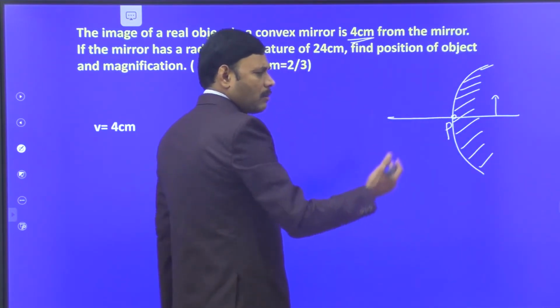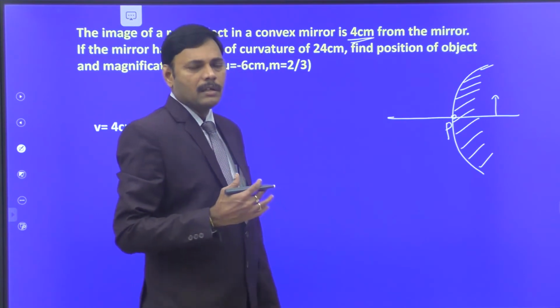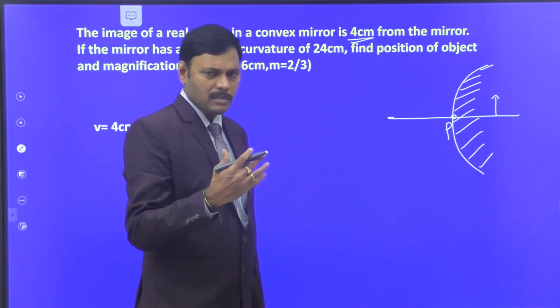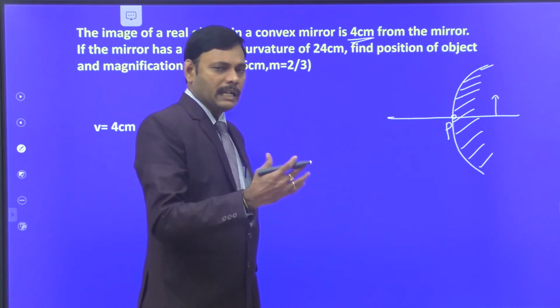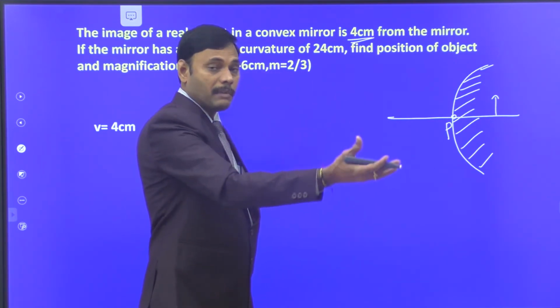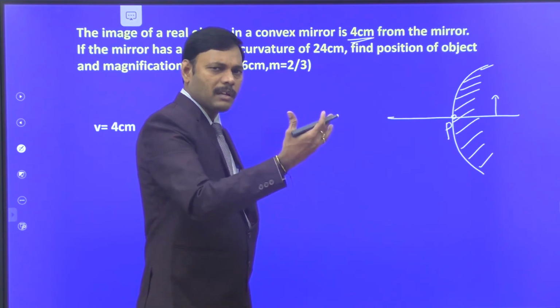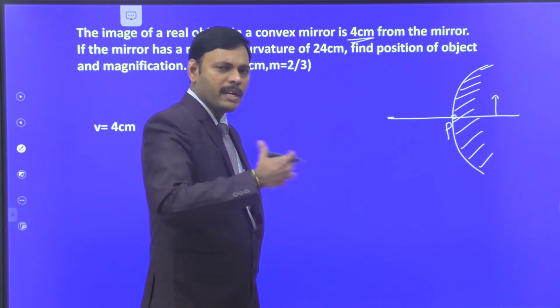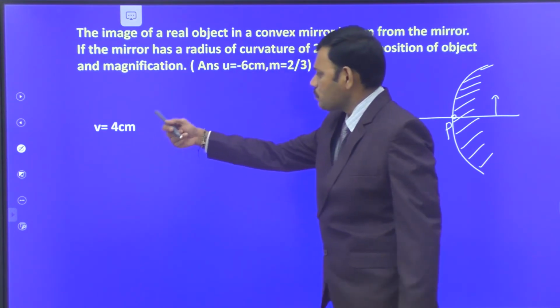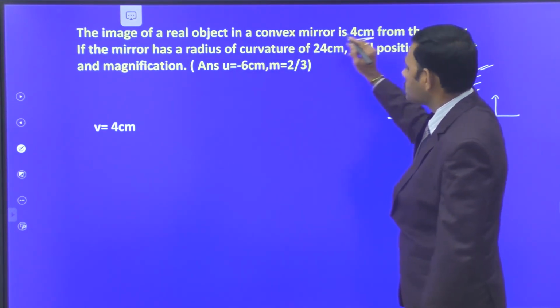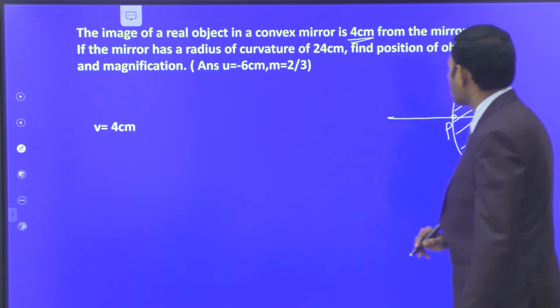So the image distance must have a positive sign for a convex mirror. That's why V is plus 4 centimeters, including sign convention.